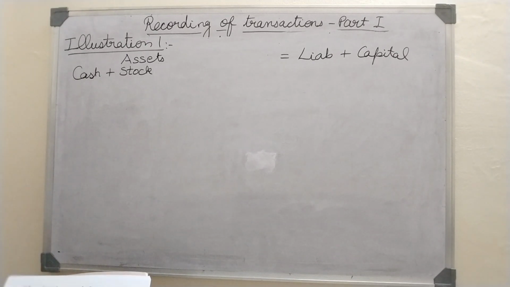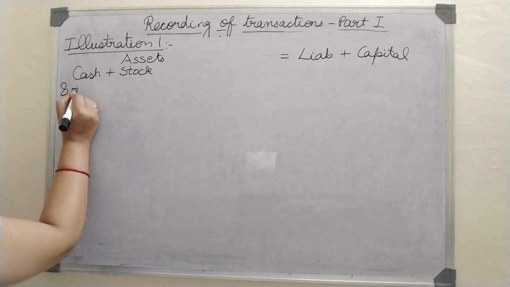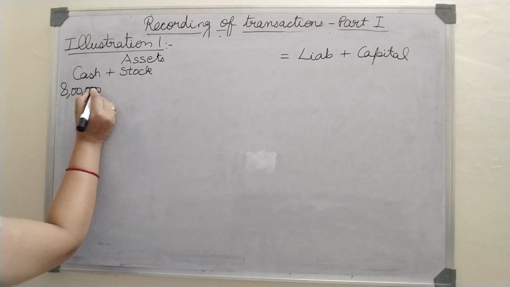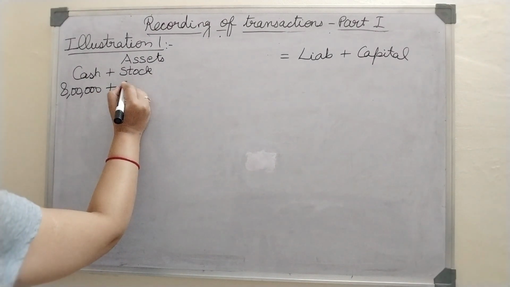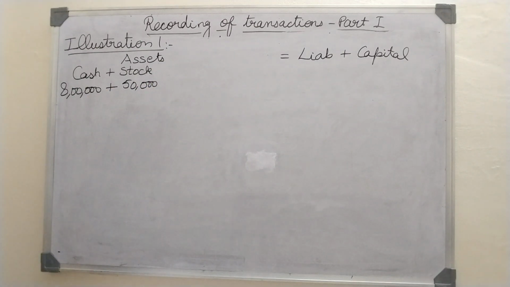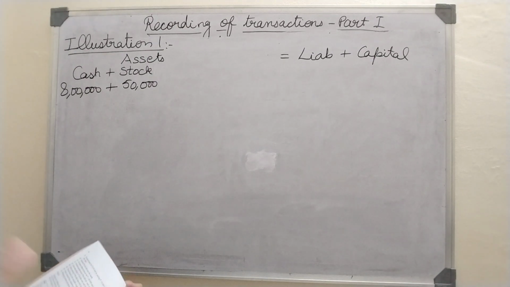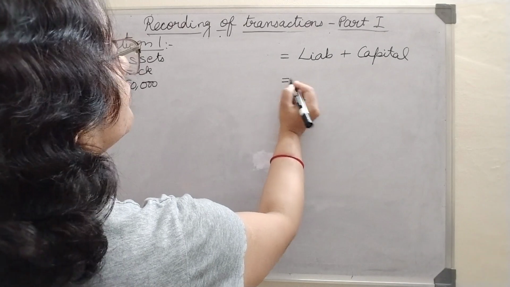So cash brought is 8 lakh. And how much is the stock? It is 50,000. Now whatever is brought into business is also the capital. I told you, if I am the owner of the business and I plan to start my business, whatever I am bringing with me, the cash or goods, that will be capital.